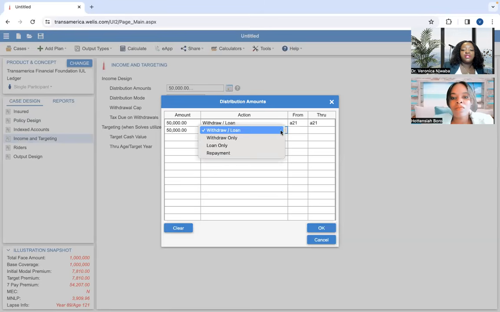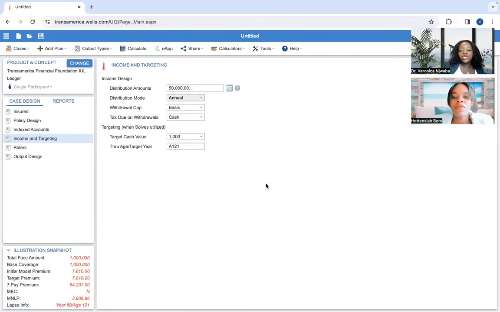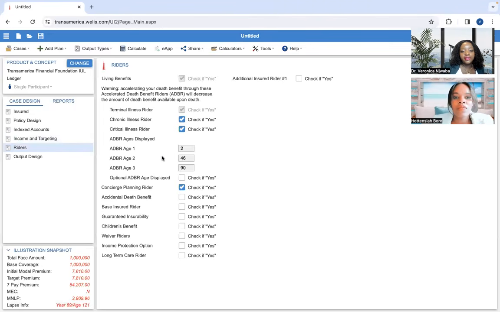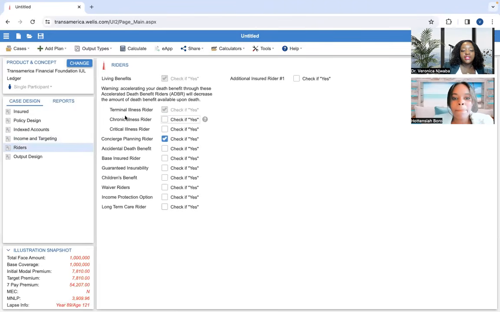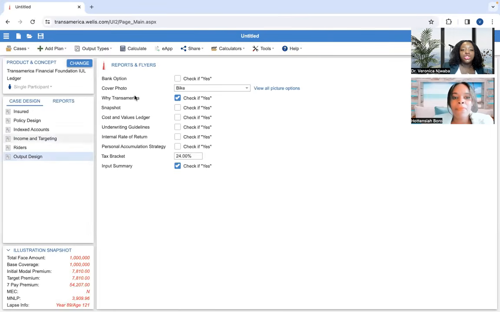Same thing, withdraw a loan from age 66, right? Because they contributed at the age of 65. So this is from age 66. So the thing is, how would this account look like? When it comes to riders, now kids don't get riders because riders is for income protection. And most kids don't have what? Don't have income. So let's calculate.